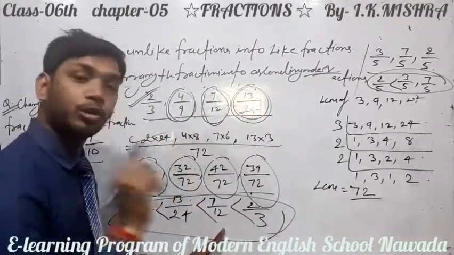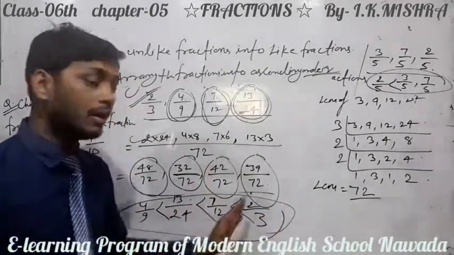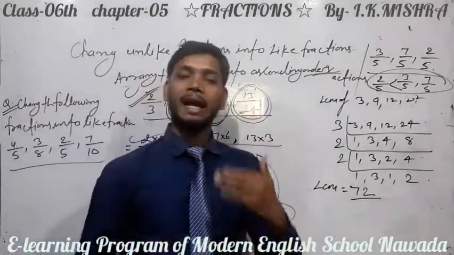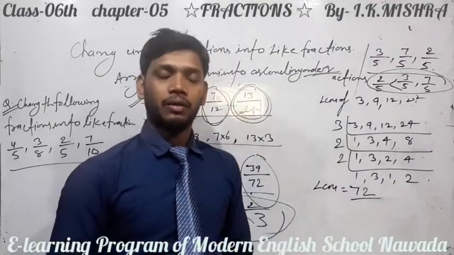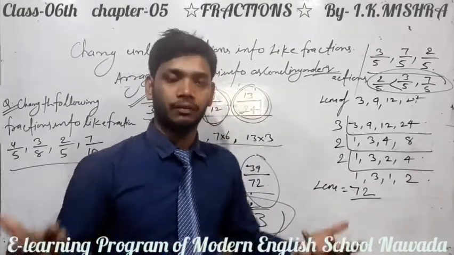You can also arrange this type of fractions in descending order. You know, for arranging in descending order, first of all write the largest, greatest fraction.